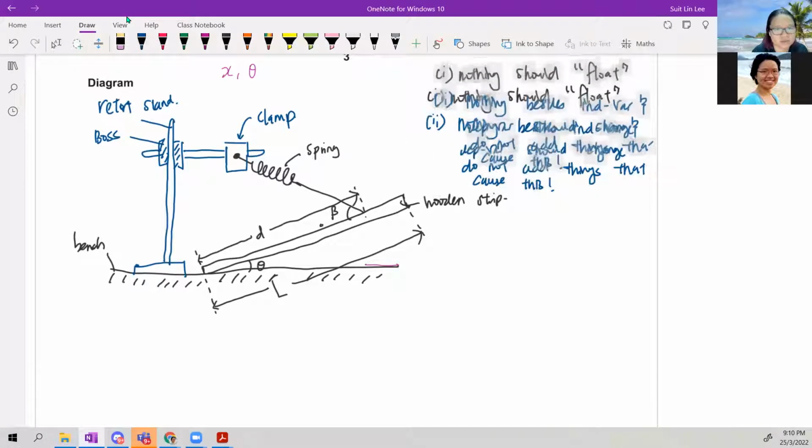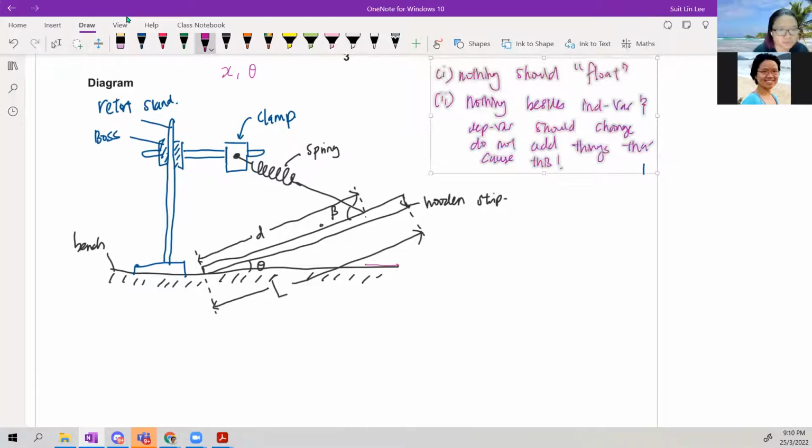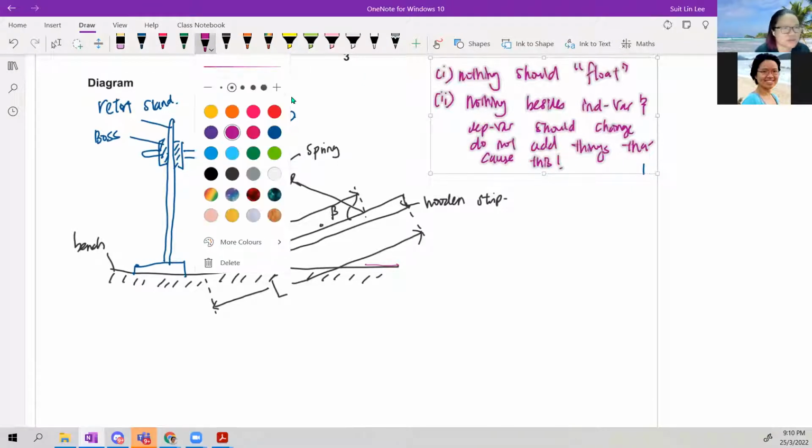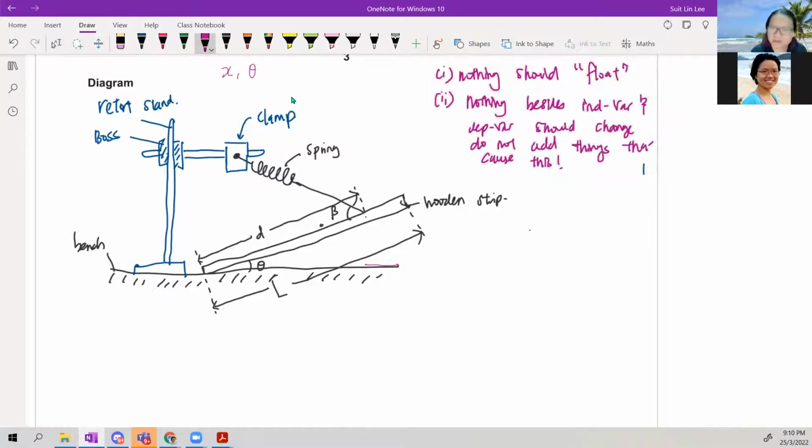So this is relevant to the experiment. What is not that relevant is the idea of a plumb line or support. So nothing should float, meaning things should be supported, but nothing besides the variables can change the experiment.